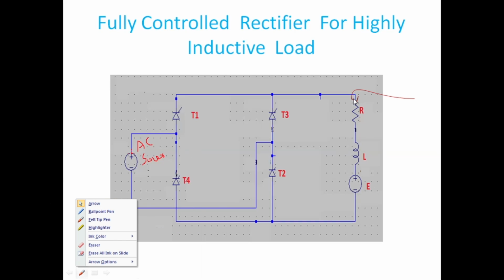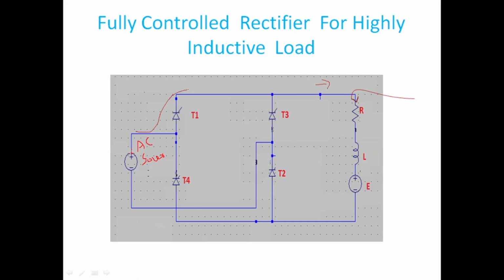If you compare to this arrow, in the positive half cycle the load current is flowing this way, correct? So in the positive half cycle, current is flowing in this way. It comes from here, it goes in this way, positive half cycle.